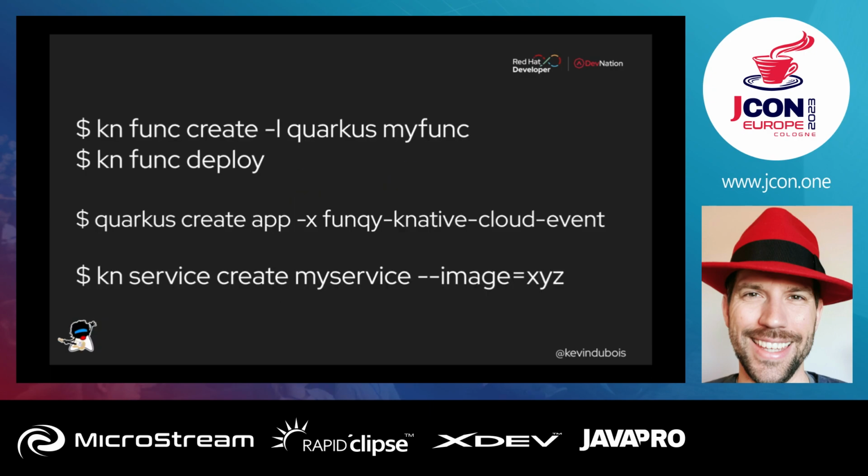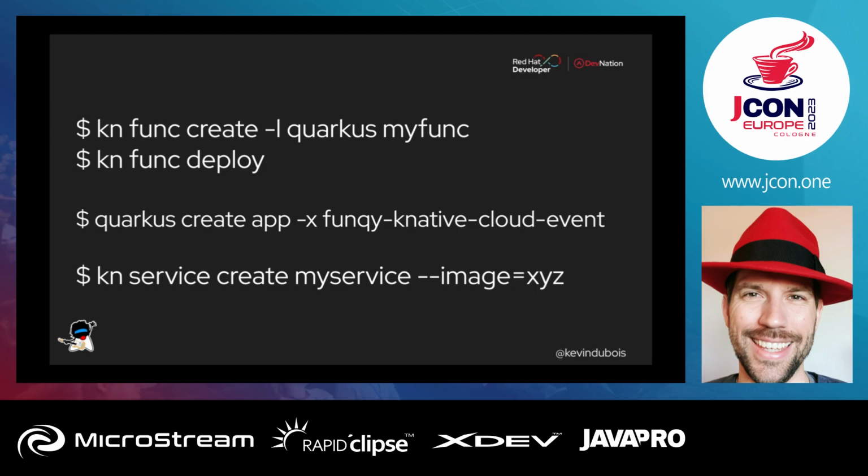And with Knative, you can create functions as well. You can do kn func create, and then specify the language. In this case, I of course did Quarkus, and then you can create your function, and then you can push your function, basically kn func deploy, and it'll push your function to a Kubernetes cluster. So that's pretty cool that Knative can do that.